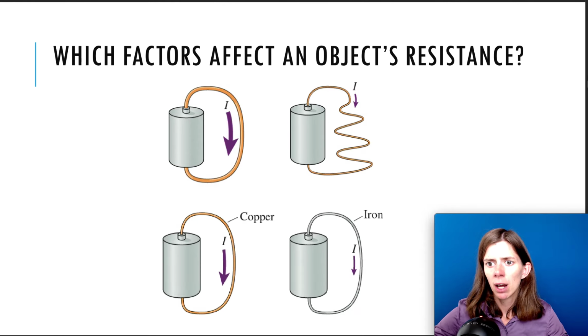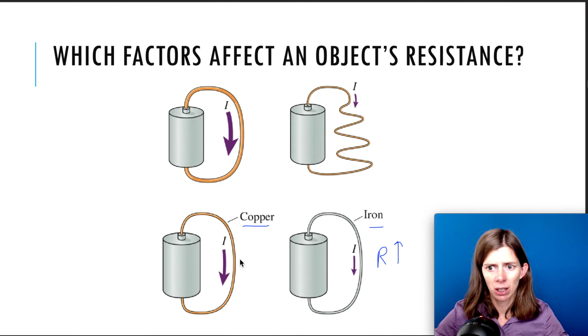And finally, our materials can be made out of anything, right? So copper and iron are going to have a different amount of resistance. You can see in the picture on the bottom left that there's more current flowing through the copper and less current flowing through the iron. This means that the iron has a higher resistance and the copper has less resistance.